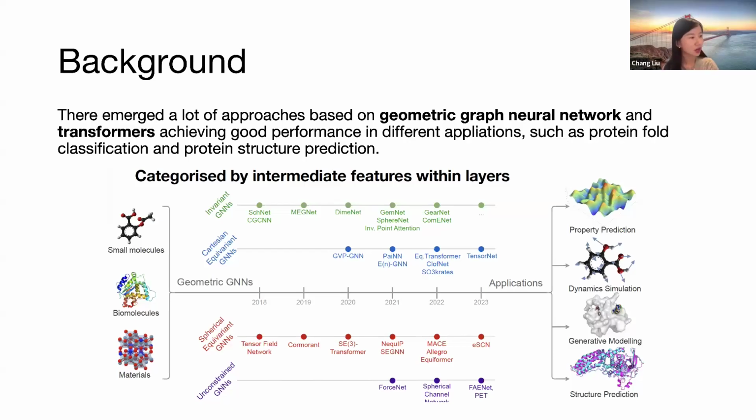On this diagram, you can see that many methods based on traditional geometric graph neural networks achieved very good results and improvements. At the same time, another type of special graph neural network named transformer appeared, which has also been leveraged into the pipelines and proved to be very effective in protein analysis.